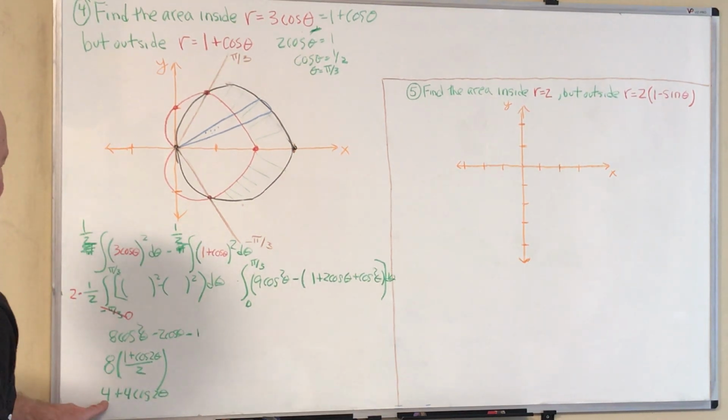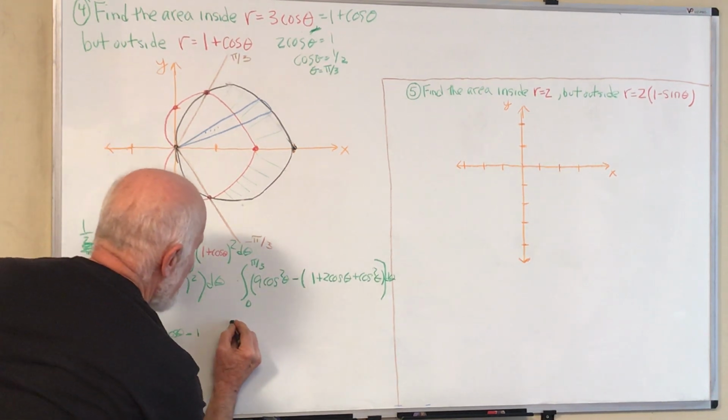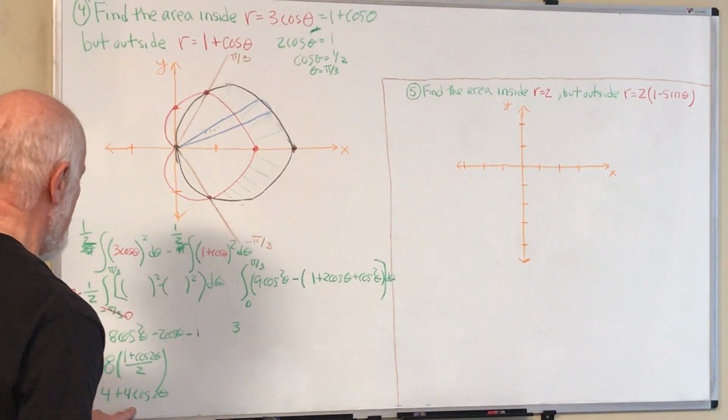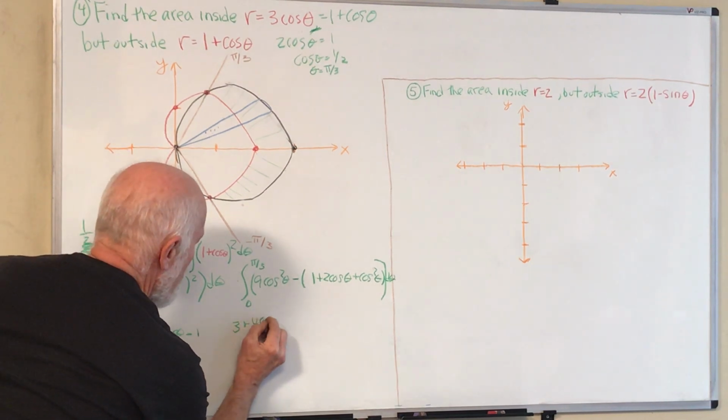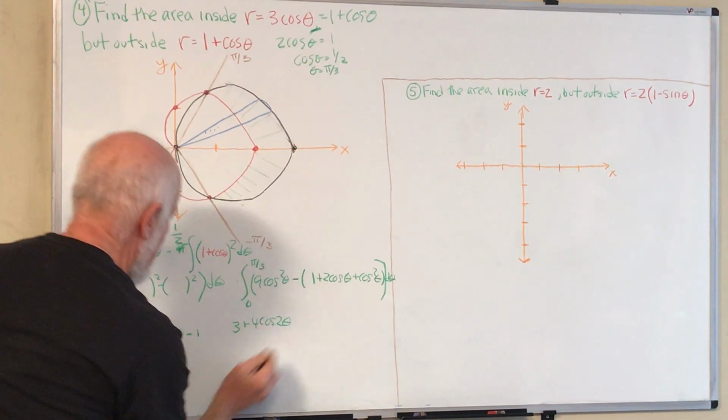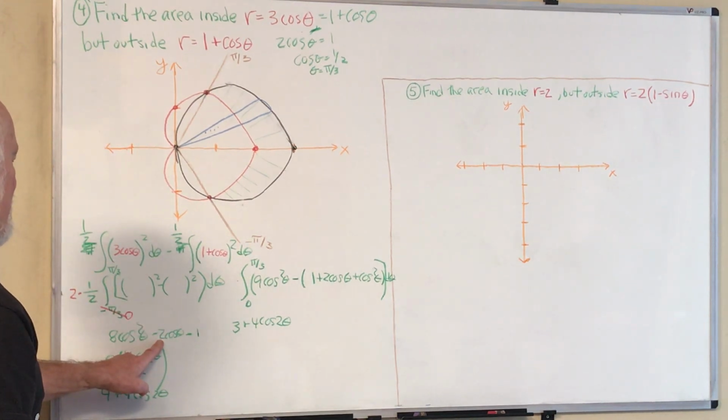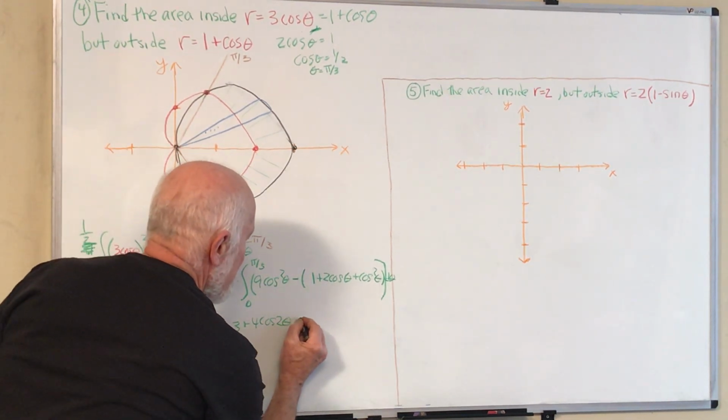So if I put it all together, 4 minus 1 is 3, plus 4 cosine of 2 theta minus 2 cosine of theta.